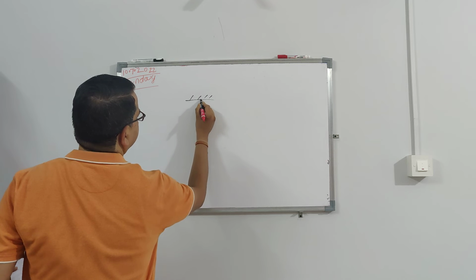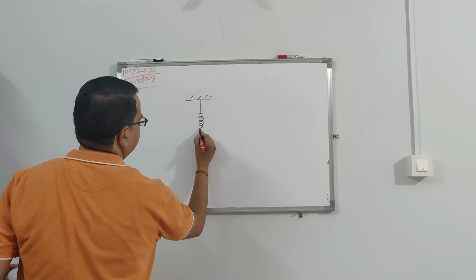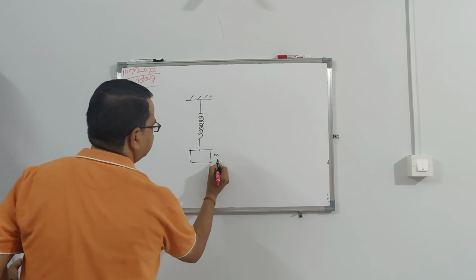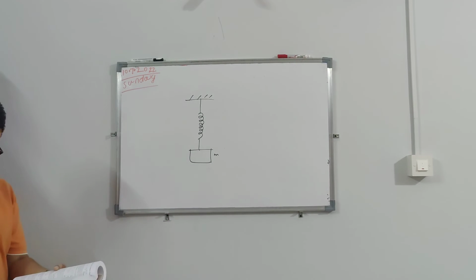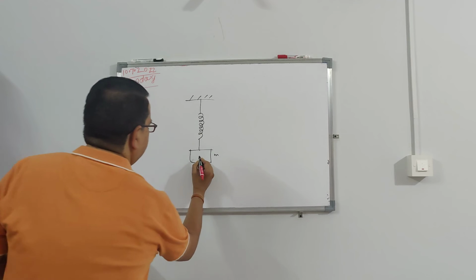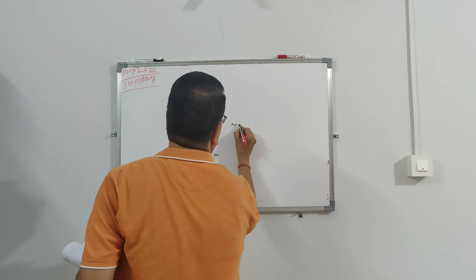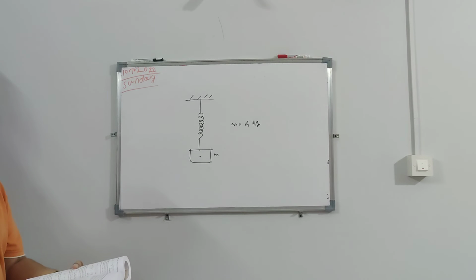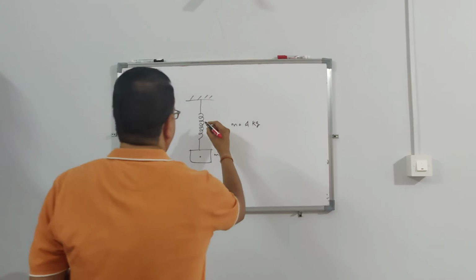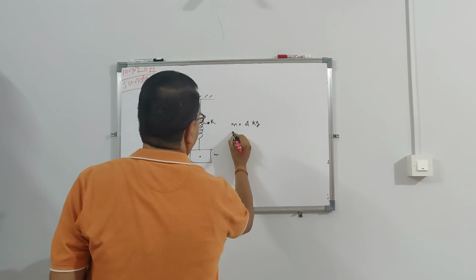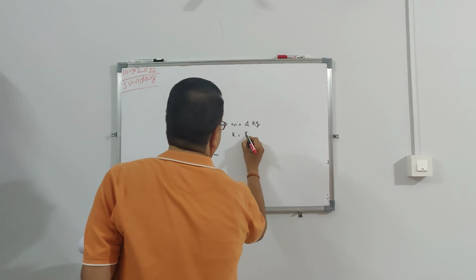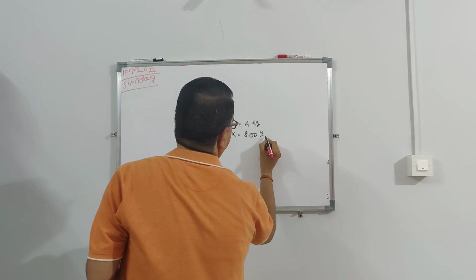So I have a spring and I have a mass. My mass is 4 kg and my spring constant K is equal to 800 Newton per meter.